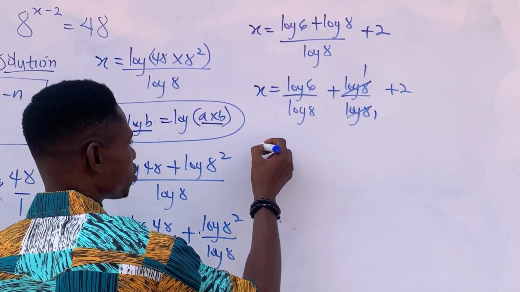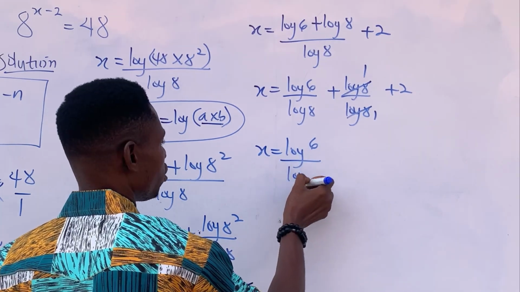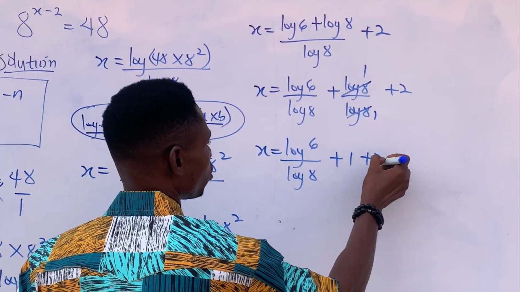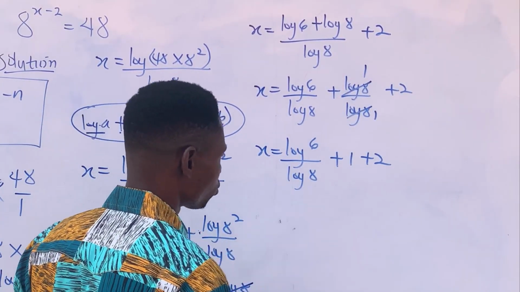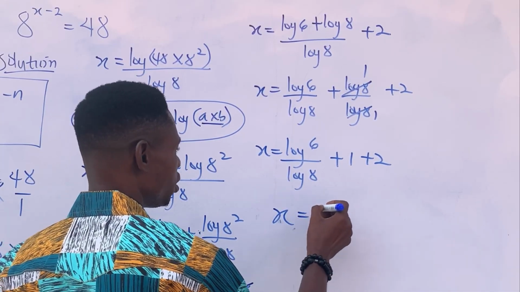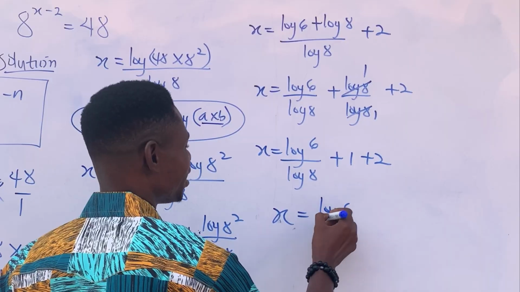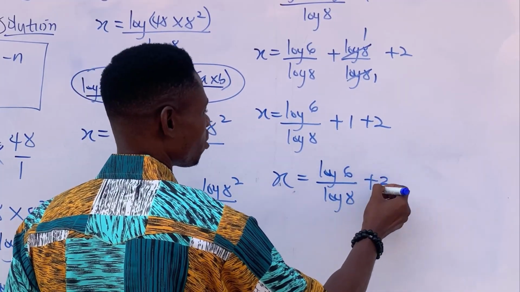So this will give us x equals log 6 over log 8 plus 1 plus 2. That's this one plus this 2. And then our final answer will be, okay, maybe not final answer, log 6 over log 8 plus 3.